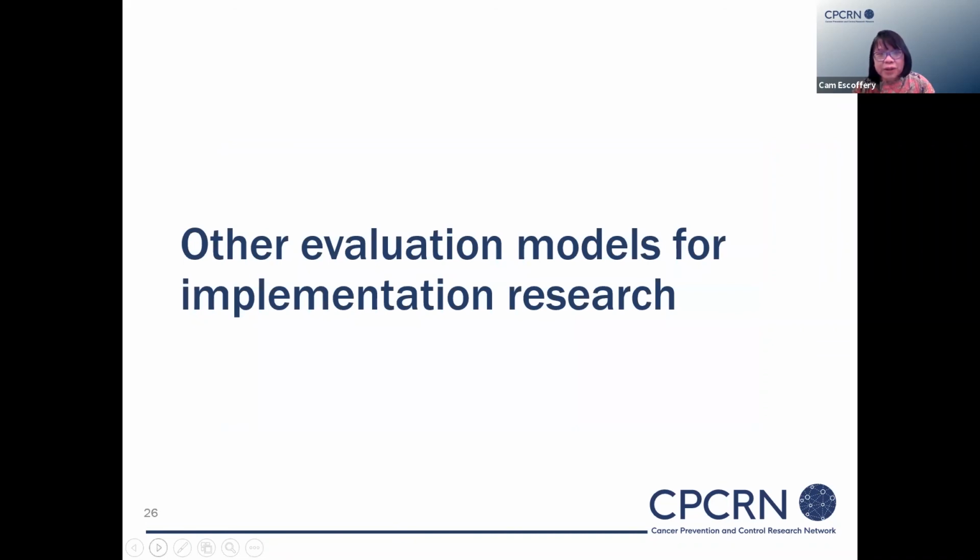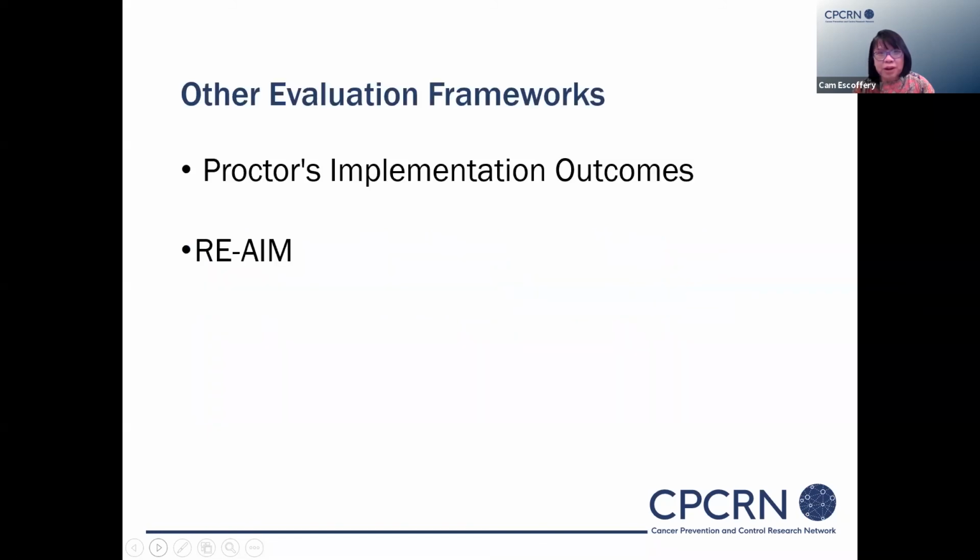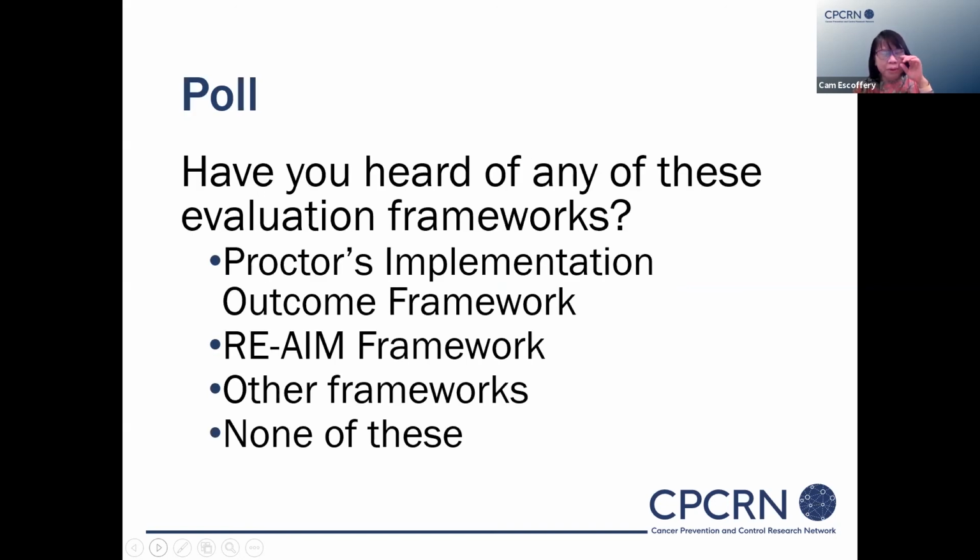Other indicators that you might want to apply are from other dissemination and implementation research models. And so I just wanted to talk about two of them: Proctor's Implementation Outcomes Framework and the RE-AIM Framework. Not going to spend a lot of time on both, but you probably have heard of one or any of these if you have been in the evaluation or implementation science space.